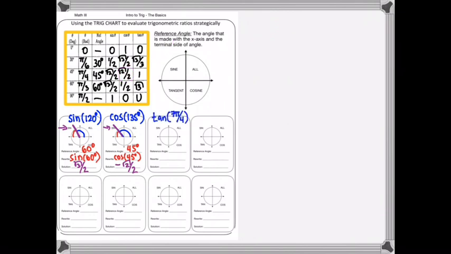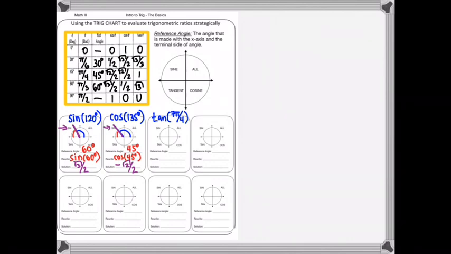Okay, in this example, we're going to take a look at tangent, and we also introduce some radians here. With radians, I just want to make sure that we find where the terminal angle is going to land. So I want to go back to the way that we found the radians before.